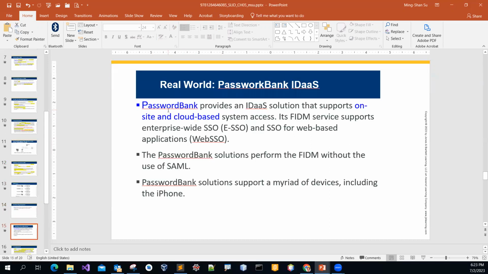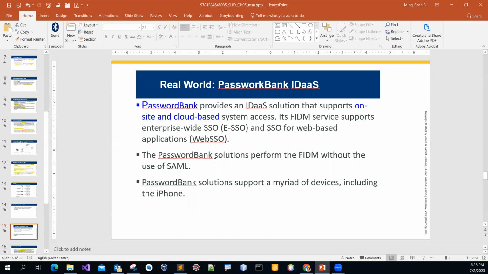Another company, Password Bank, provides an ID as a service solution that supports on-site and cloud-based system processes, and its FIDM service supports enterprise-wide single sign-on, short for SSO, and single sign-on for web-based applications, short for web SSO.